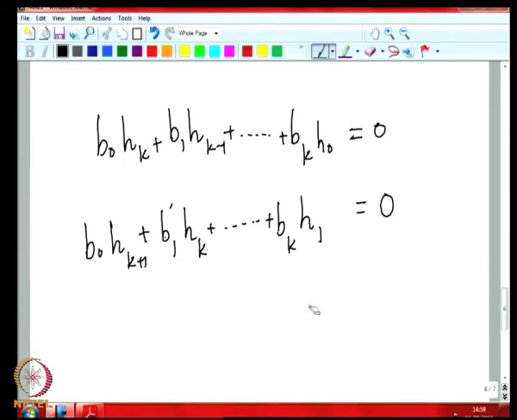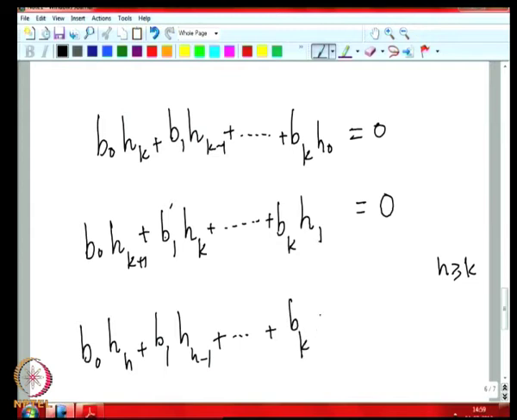Like that, for an arbitrary term, when you take the coefficient of x raised to n for n greater than or equal to k, what we get is b0 into h n plus b1 into h n minus 1 plus, up to bk into h n minus k, because each term will give a contribution to the coefficient of x raised to n. But from bk plus 1 onwards we have 0, therefore no more contribution, this is always 0.